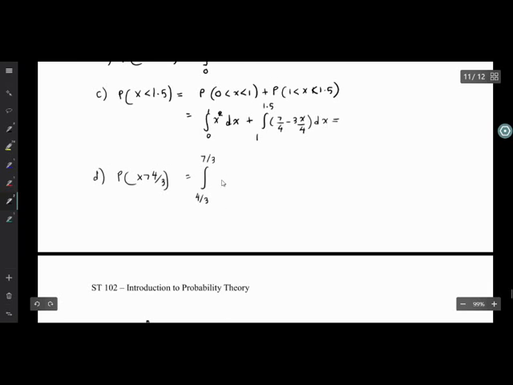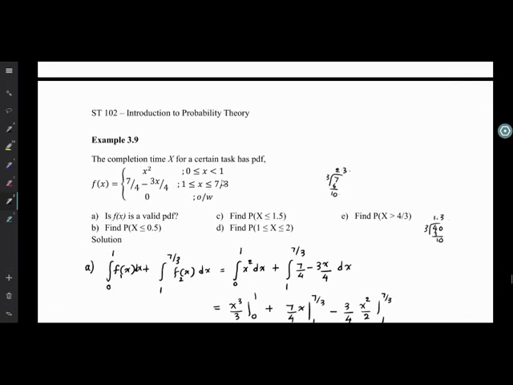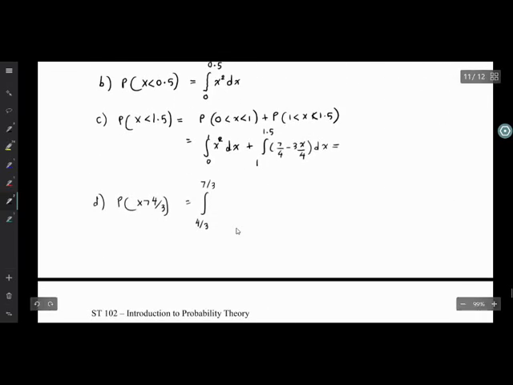So 4 over 3 up to 7 over 3, we integrate this function 7 over 4 minus 3x over 4. Now you can get the probability. Okay, I hope this is clear for all of you. I am not doing the calculations. You can try them by yourself.